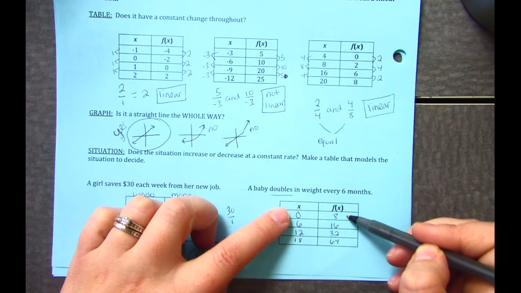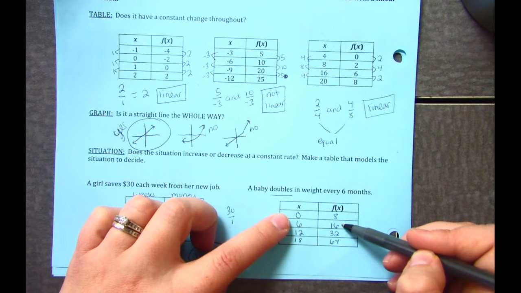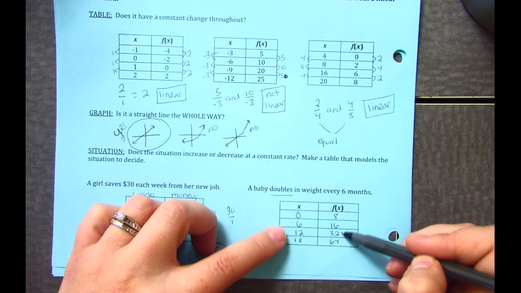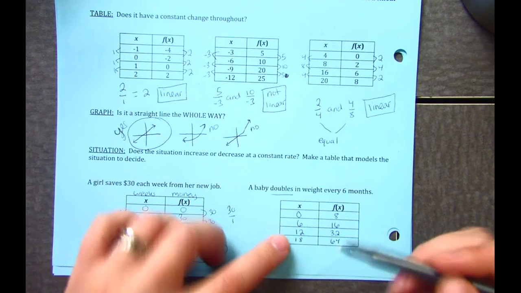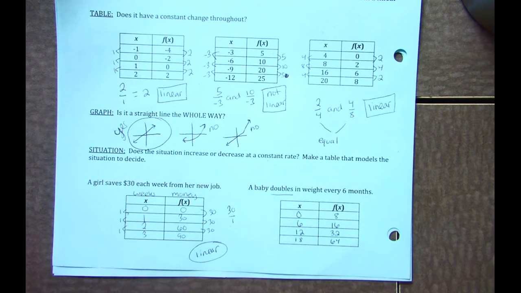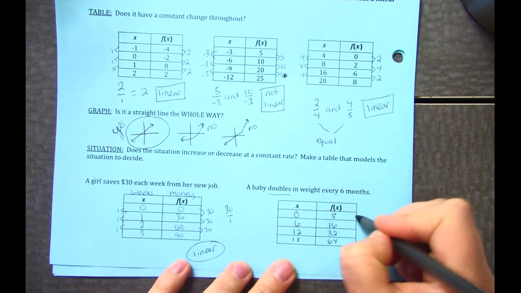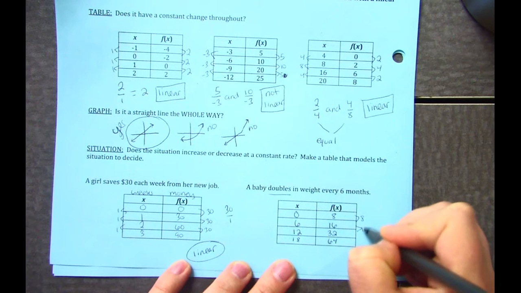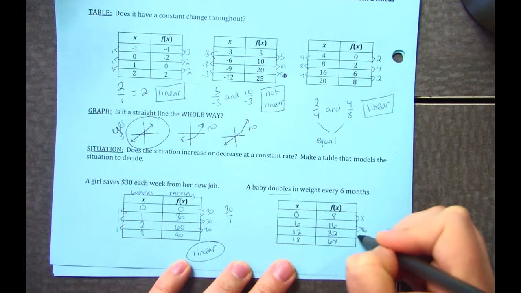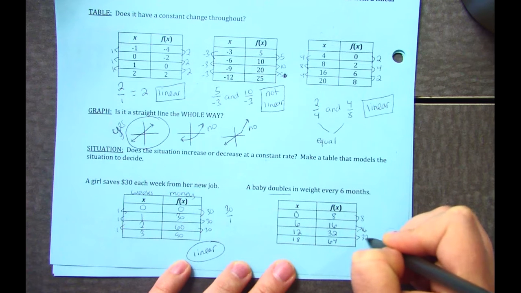That would be realistic, probably not realistic, probably not realistic. But besides that, if we just take that out of it, let's just decide if this represents a linear situation or not. This is going up 8, it's going up 16, and then from 32 to 64, it's going up 32.